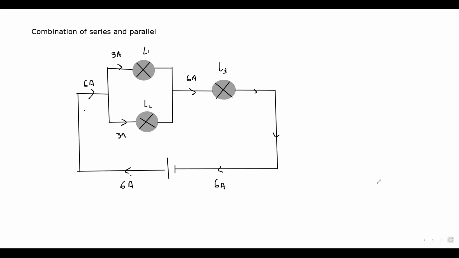So if we want to measure the current in the circuit, we can use an ammeter, and ammeters are always connected in series to the component measuring the current.